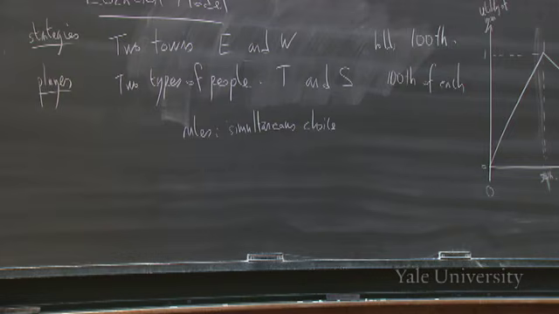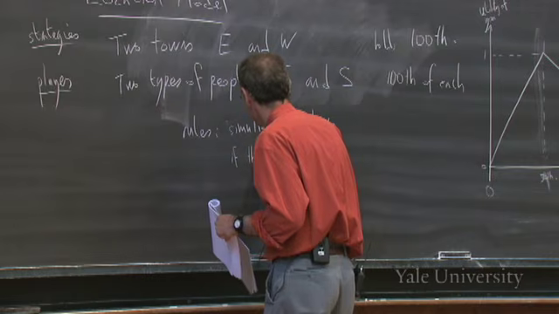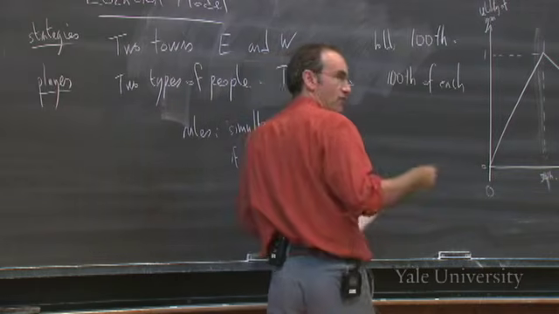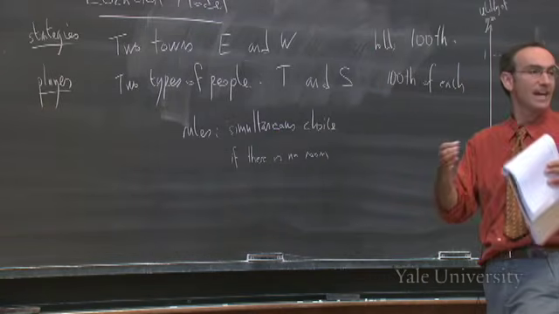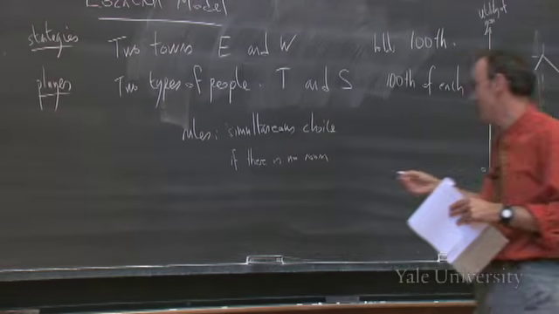And second, I need to say what happens if too many people choose the same town. If there's no room in a town, for example, if too many people chose East Town, then we allocate the surplus randomly. We ration the places randomly.